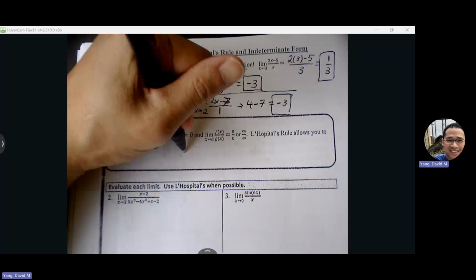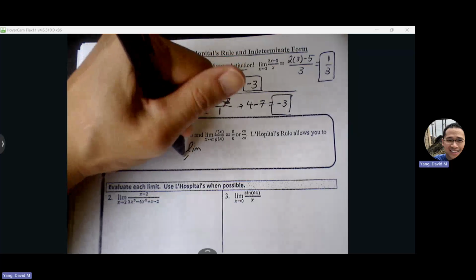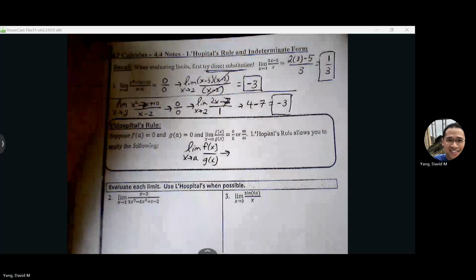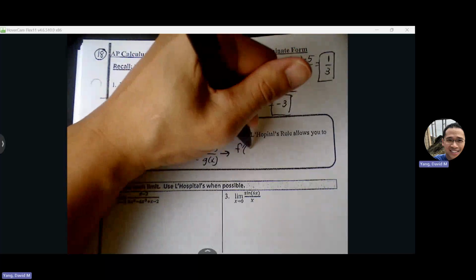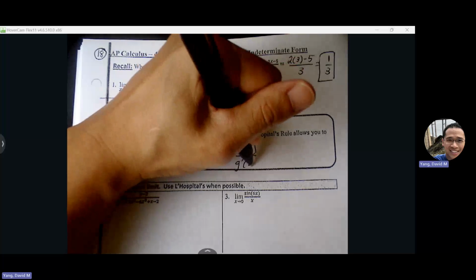So here's the official rule. The limit as x approaches a of f of x over g of x becomes f prime of a over g prime of a.